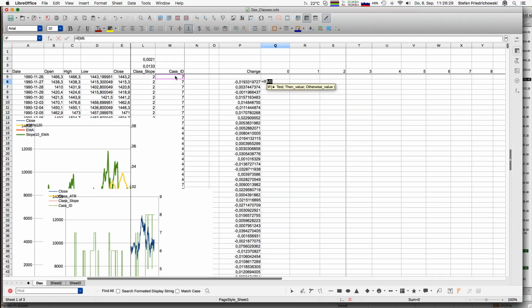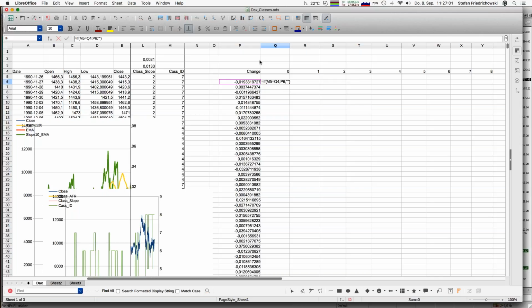Therefore we have to take the value of the day before, and if that class identification number equals the one I have here on the top, then I can use that change, and otherwise I have nothing, and nothing means simply this one here.